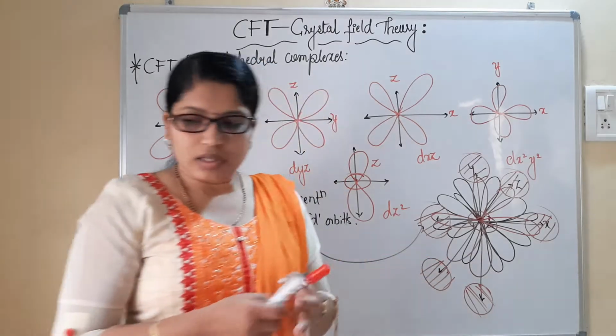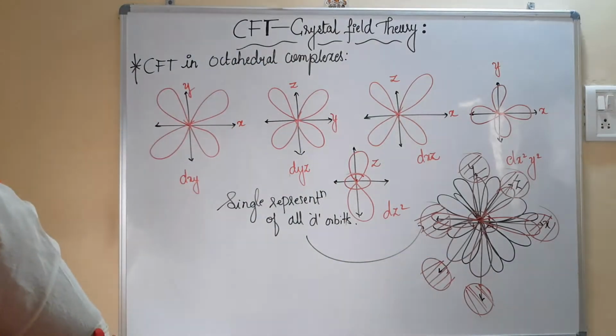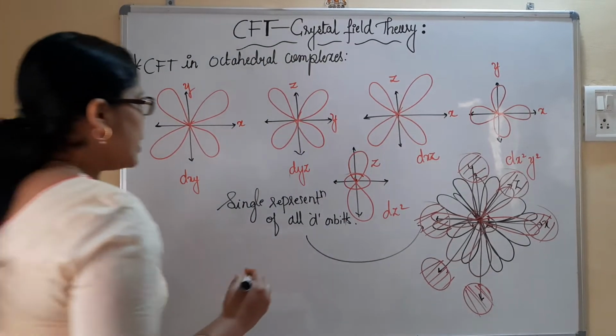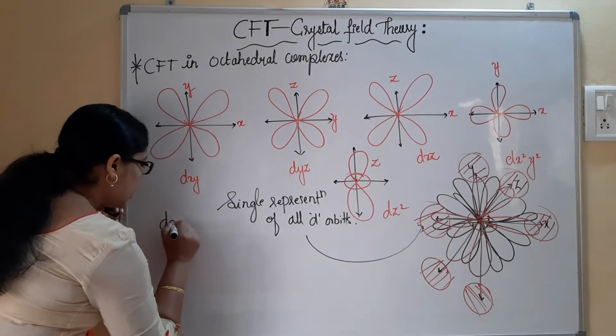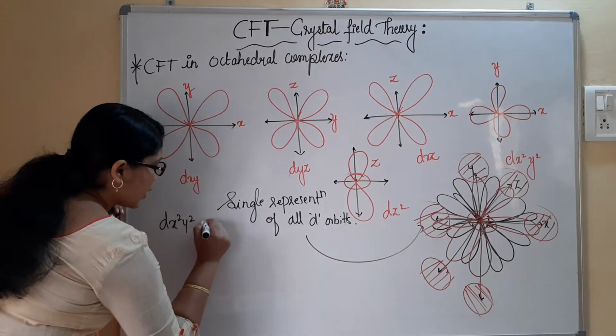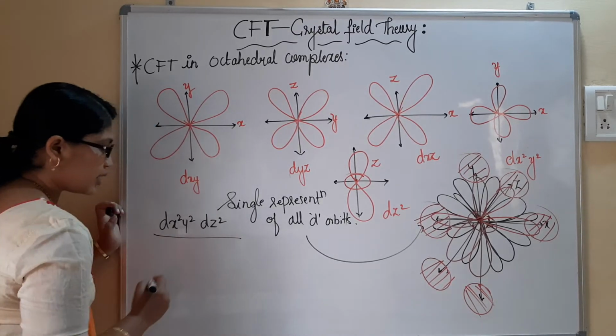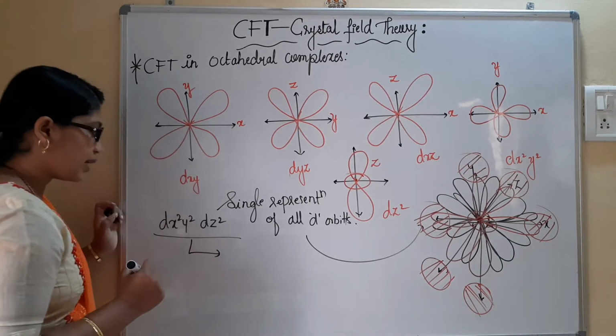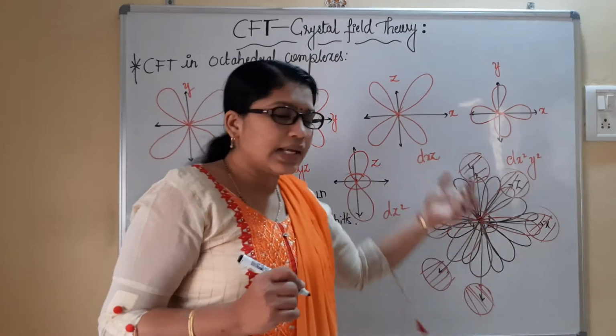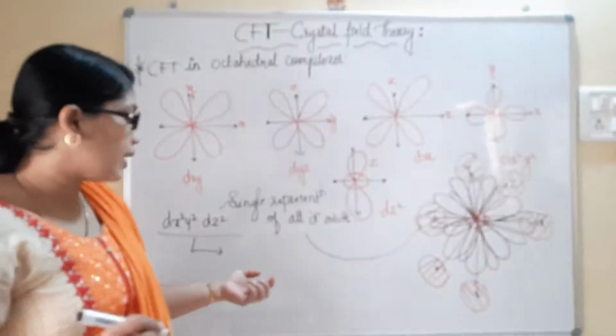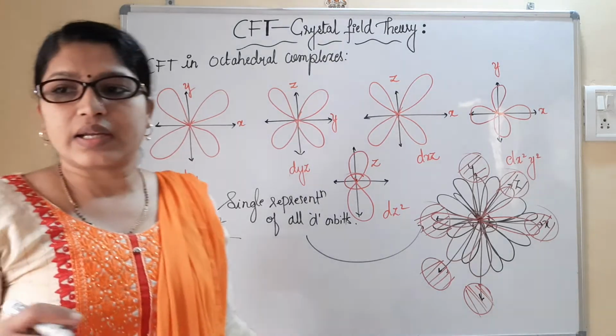When that is the case, in an octahedral complex, I show you the energy of dx square minus y square and dz square. The dx square minus y square and dz square orbitals, which are present along the axis, are completely repelled by the ligands. Energy is going to be increased.